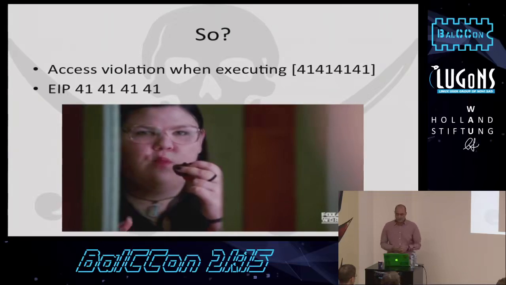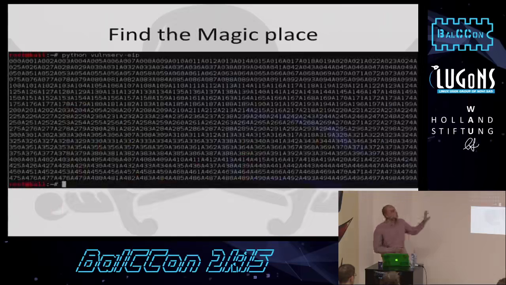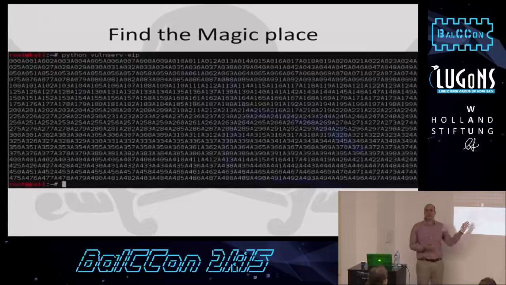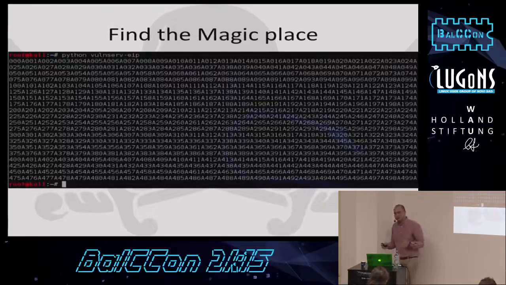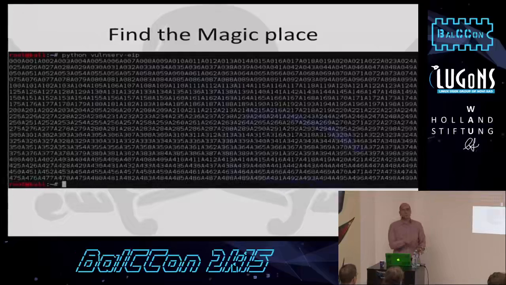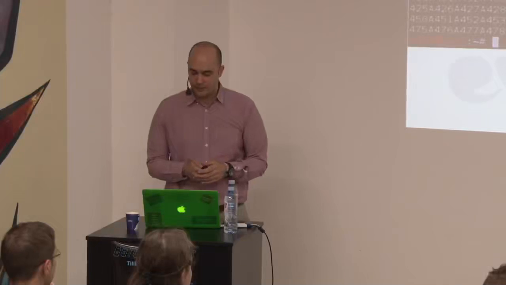So if I can just find the place where this would happen, it would be easy for me to send it a command. So how do I do that? I create a piece of text that doesn't repeat itself, so every 4 bytes are unique, so that I know where it failed.